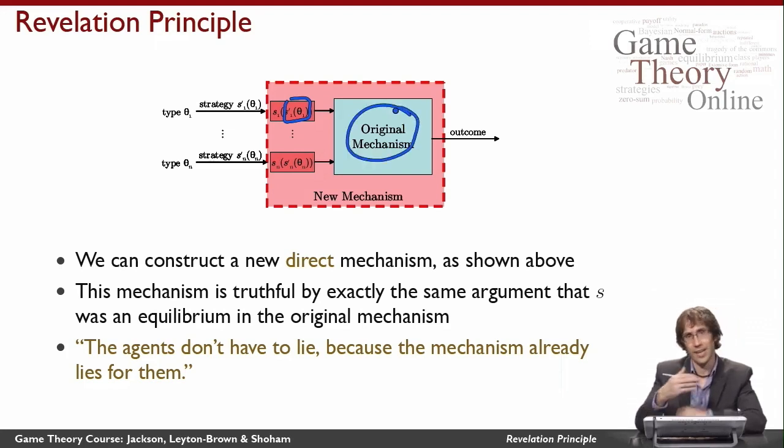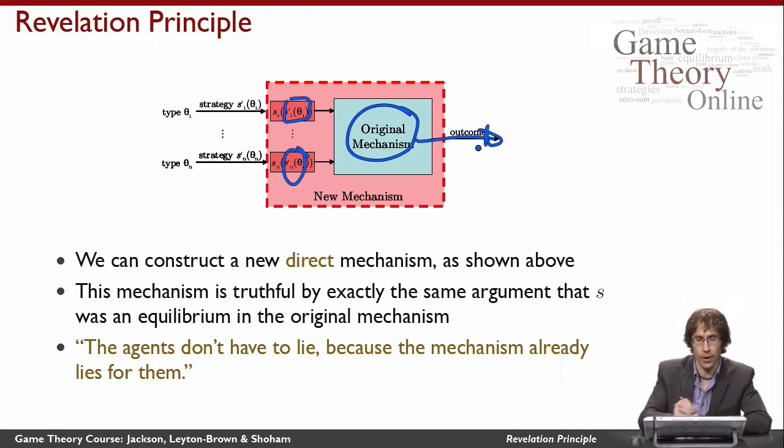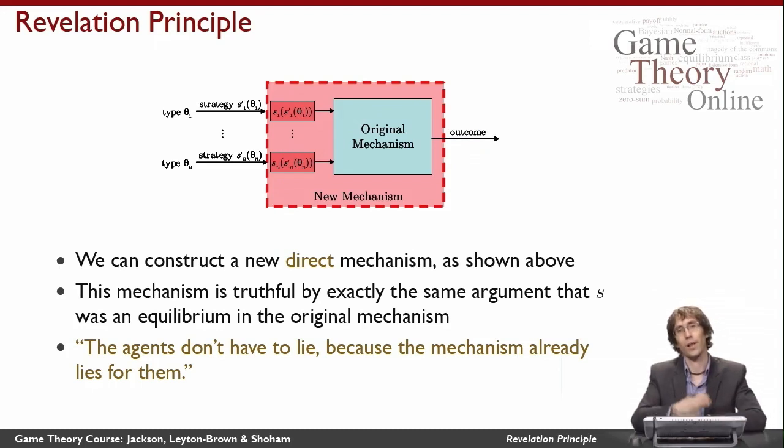So if it's indirect, inside this new mechanism, I'll run a simulation of the original mechanism. I'll figure out what the original mechanism would have done if everybody had played their declared types under the strategies that were previously in equilibrium, and I'll figure out what the outcome is, and I'll make that the outcome of the new mechanism.